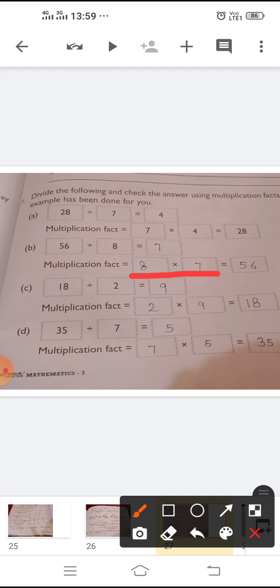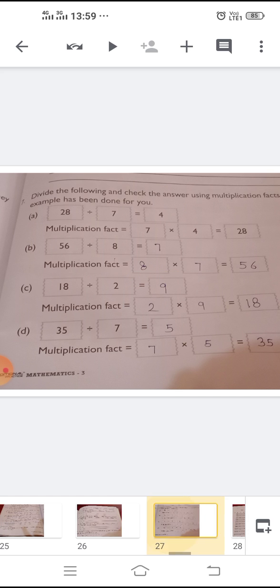Next, you can do the same with the next two parts, 18 divided by 2 and 35 divided by 7. You should understand what division property we are using, where, and how we are using the multiplication fact.